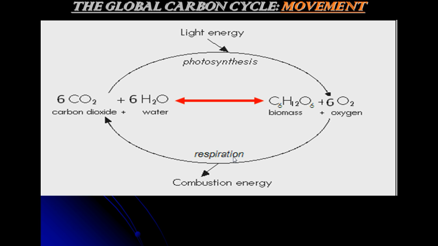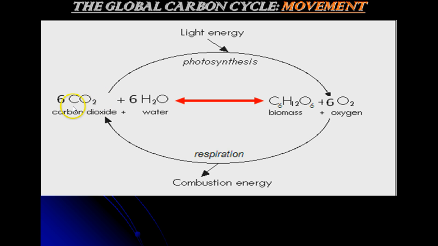Now, by doing this, these organisms then release carbon dioxide back into the atmosphere as a byproduct. So it's the opposite now equation of photosynthesis. So we see how the arrow goes both ways. If it goes this way, then it's photosynthesis. If the equation goes this way from right to left, it's respiration.